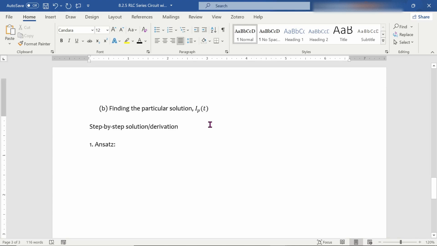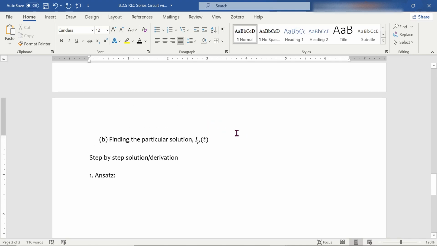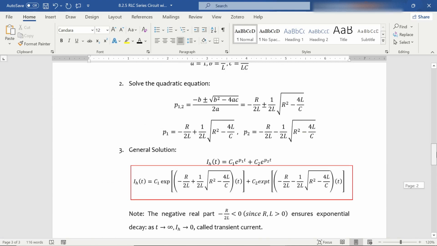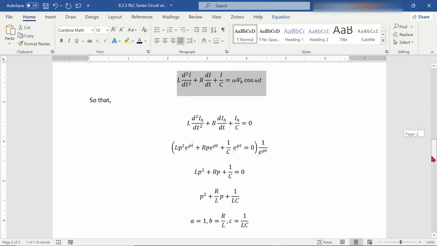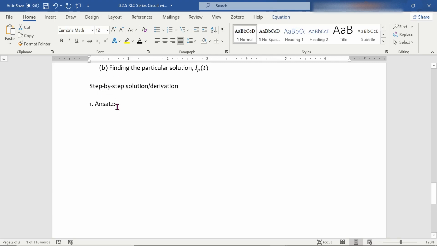But before that, we recall what our problem was. We have here our general equation for the RLC circuit, obtained by applying Kirchhoff's voltage law and then differentiating with respect to t. So we first copy that here.